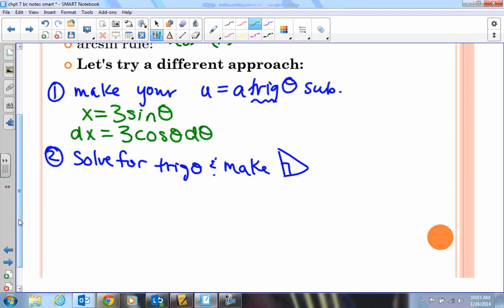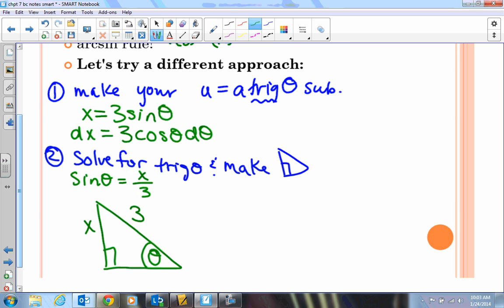So let's look at it here. I know that sine theta equals x over 3. So I'm going to make my right triangle with that. Sine is x over 3. And fill in your other side.